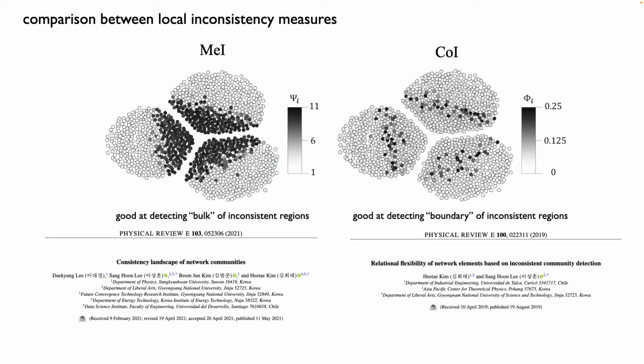Then the newly developed MAI is good at detecting the bulk part of the inconsistent region, while the COI is good at detecting even the boundaries of the bulk inconsistent regions. Fundamentally because it is maximum at the regions where the nodes switch between two communities, even if there are three communities competing with each other in this example.